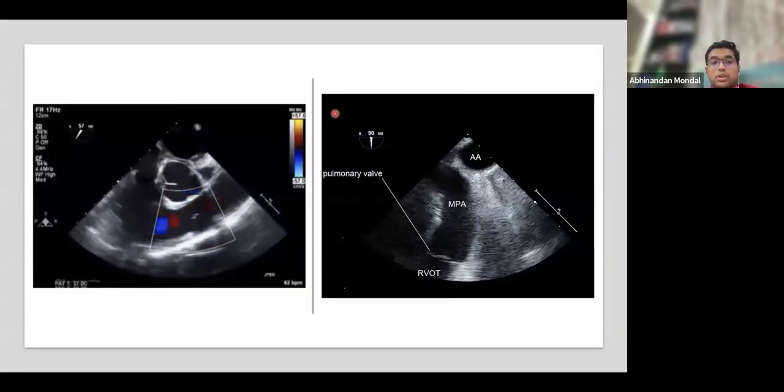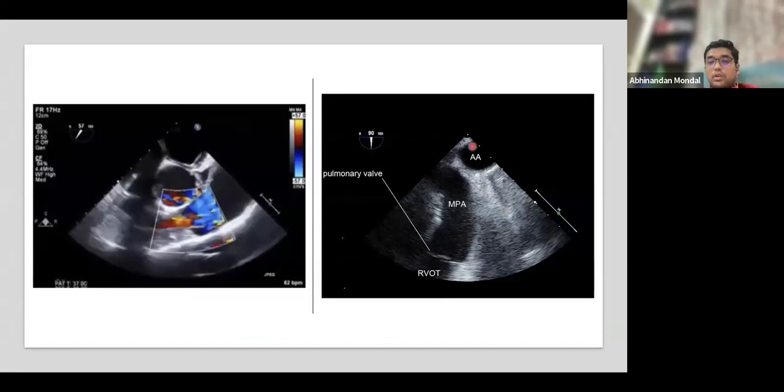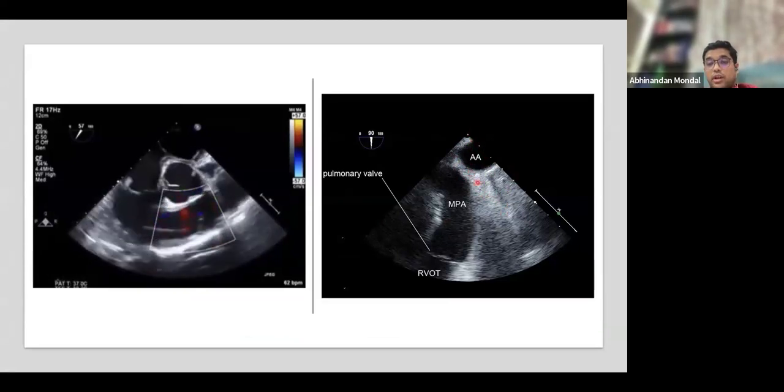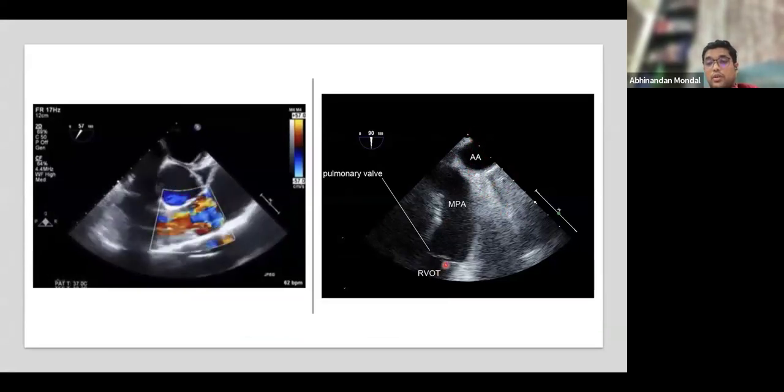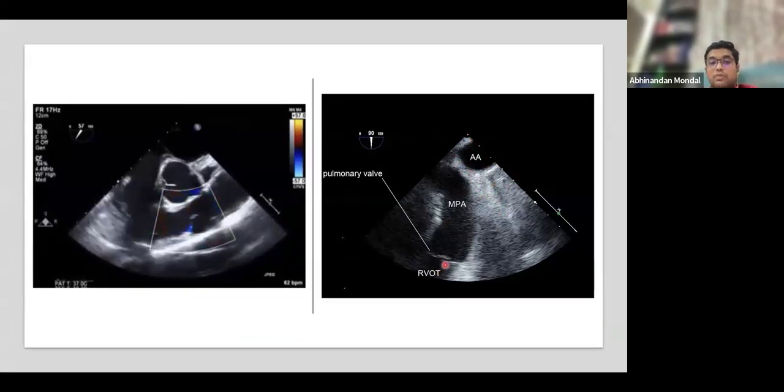So this is how you can see over here a little jet of your PR. If you put Doppler over here, you can also put Doppler in your upper esophageal aortic arch short axis view. There you can put Doppler over your pulmonary valve for any pulmonary regurgitation velocity.